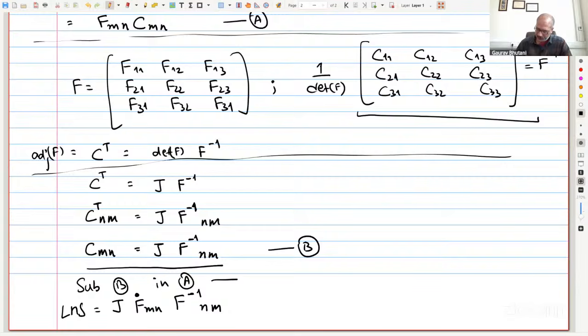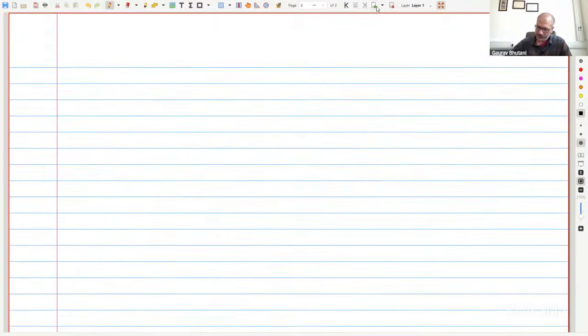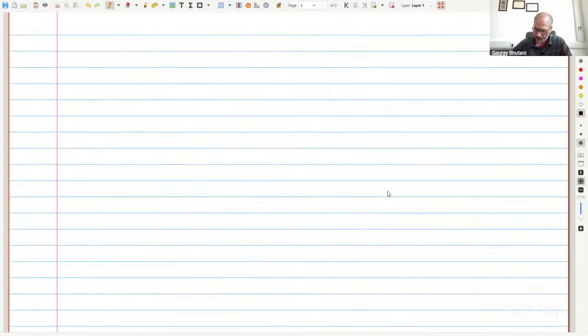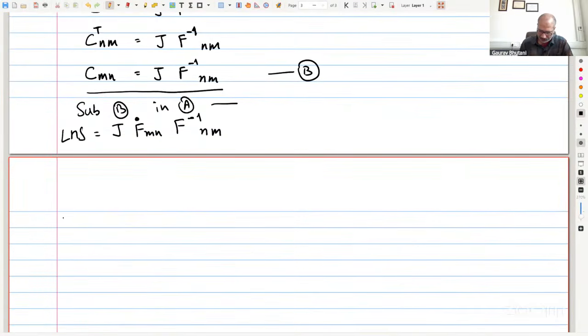All right. We're getting there now. Now the LHS is J times. Now if I look at F, this mn and nm, you can easily see that there's a dot product between these two. So it's an inner product.